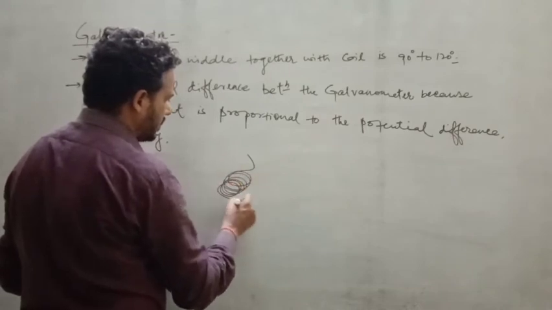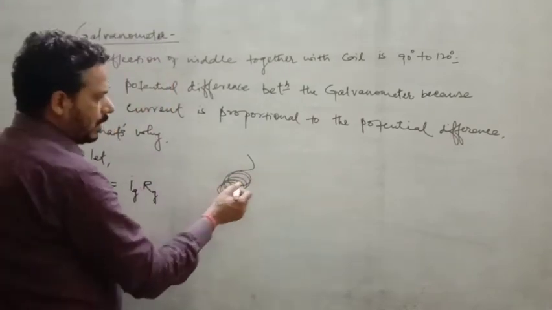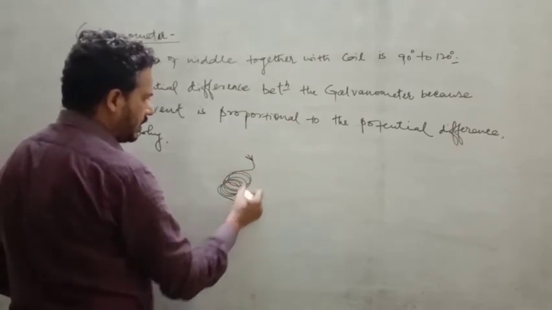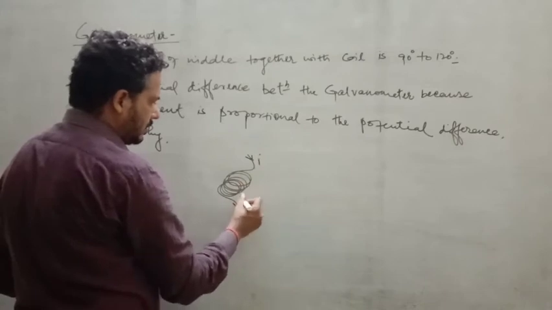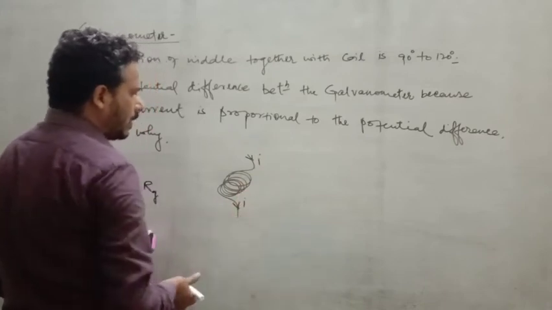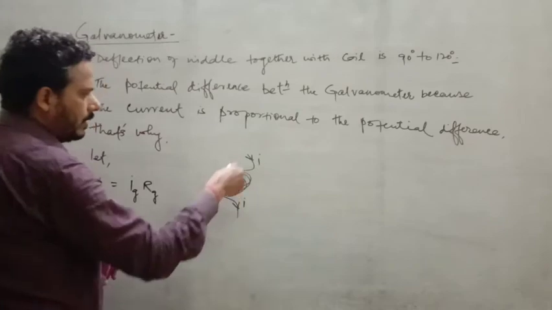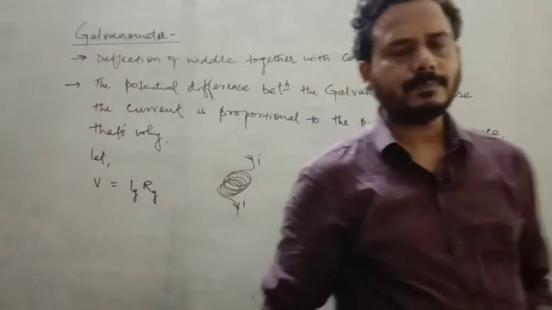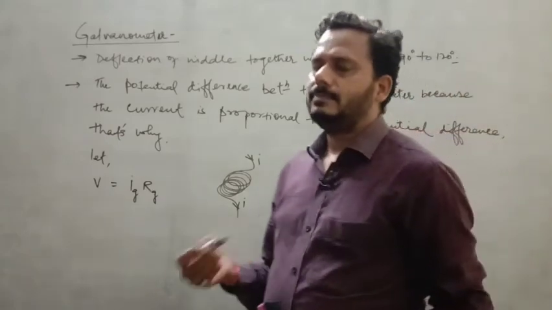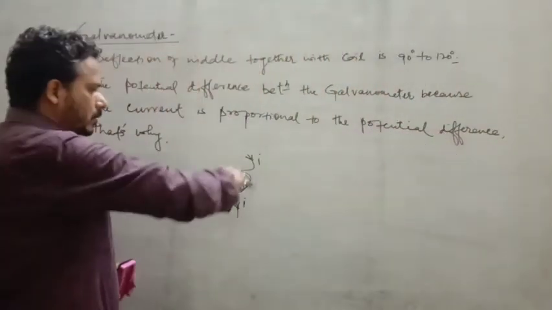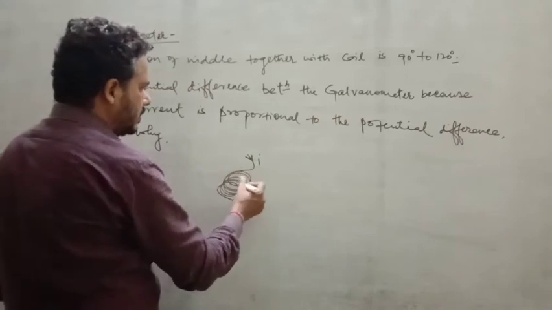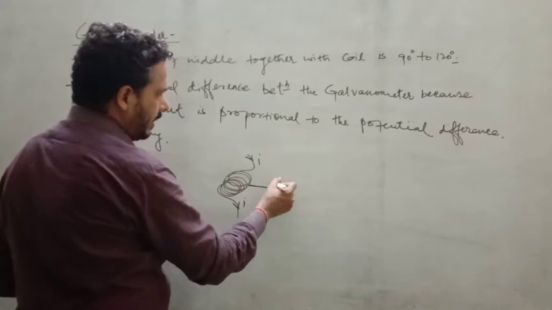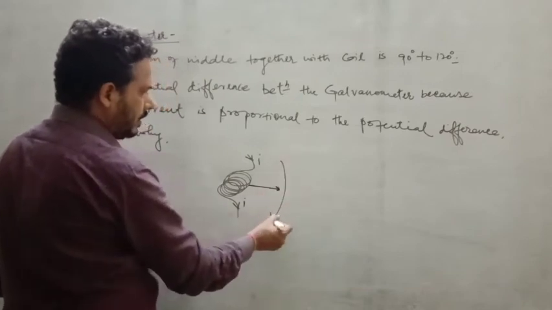You can see this diagram. This is a coil, and you can see the current passing through this coil. Due to the flow of current, this coil makes a magnetic field, by which a needle connected with this coil gets deflected, like that.